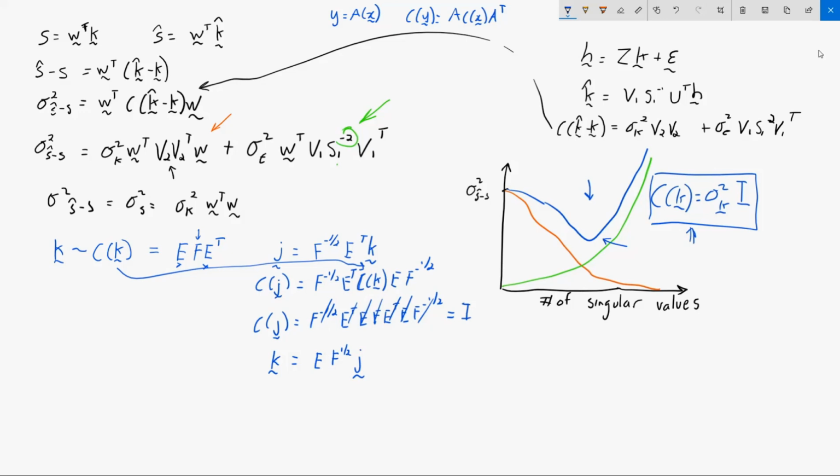Unfortunately, this presents us with some problems. Firstly, this is a pain to do. It's annoying. This transformation, by the way, that I used to obtain a J matrix whose covariance is the identity matrix, is called the Karhunen-Loève transformation.